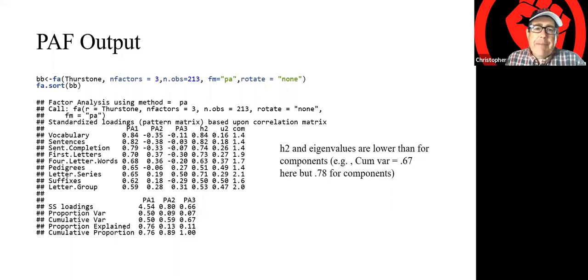The communality numbers are going to be smaller across the board. I think it was 0.86 for the first two of them for the component analysis, but it's 0.84 and 0.82 here. So you can see we're going to get smaller numbers. Generally, we'll get a result that's consistent with the components analysis, but the statistical values aren't as big, so maybe less impressive in some ways.